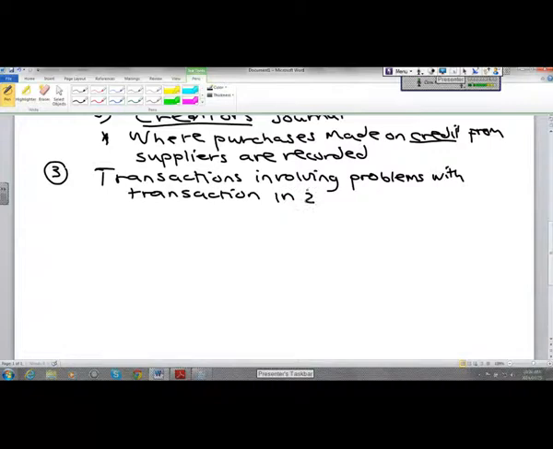So problems involving credit sales to debtors will be recorded in the Debtors Allowances Journal. Here is when the debtor is returning the goods or we have overcharged the debtor.